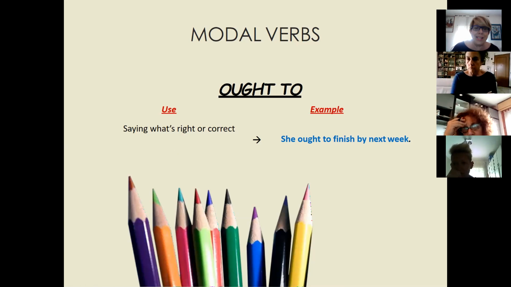So it's something that I know is right, but maybe it's difficult to follow. So ought to, like a phrasal verb, but it's not, because it's a modal verb.